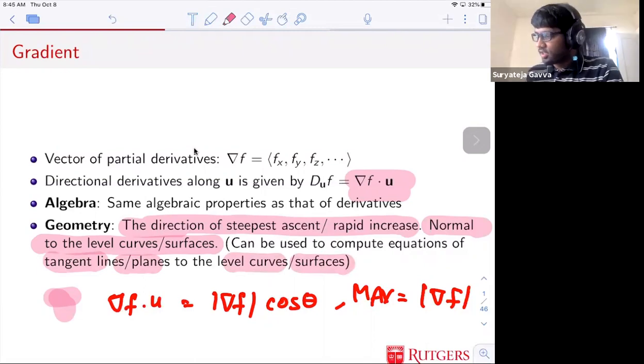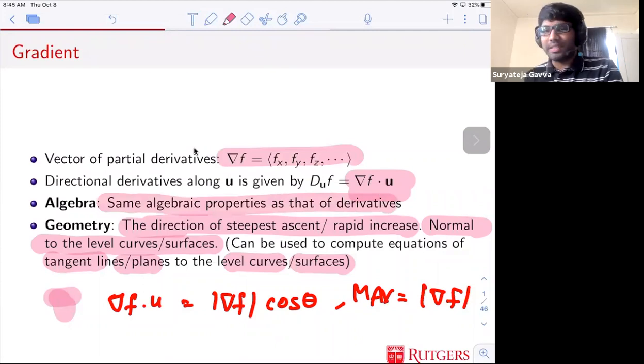This whole thing is the geometric interpretation of the gradient vector. For algebraic purposes, to compute things, it's very simple. It's just this formula: you compute the derivatives. So any algebraic manipulation is basically about derivatives, and all the properties of the gradient will be the same as the properties of the derivative.